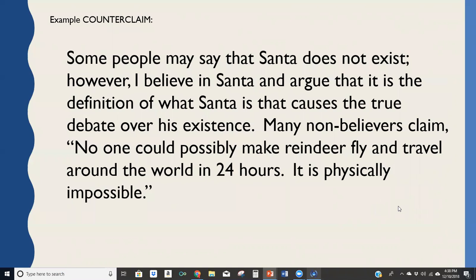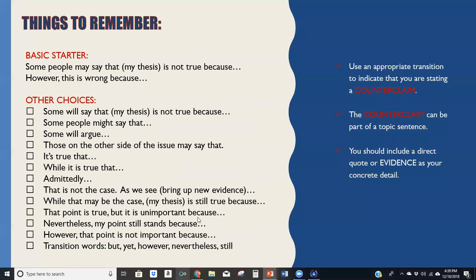So that is those sentence starters that I just talked about. If you look at this, we have some people may say, and then we have however I believe in Santa. Okay, so there's that first part. So those are our sentence starters. So I'm going to go back so that you're able to see that. I'm going to go back one more and go over some other components.